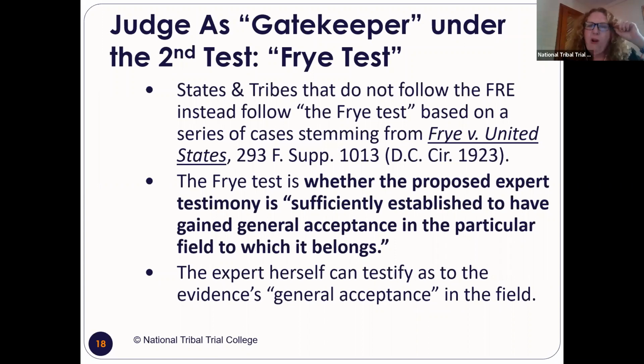So under the Frye test from 1923, now remember at the beginning I said, find out what your tribe follows. They're probably going to follow the Kumho Tire case, which is based on the federal rules of evidence. Okay, I'm like 90% sure, but you don't know, man. It could be 10%.